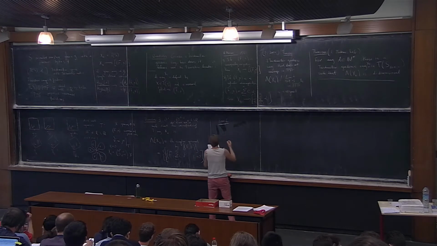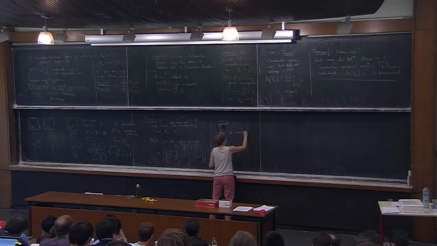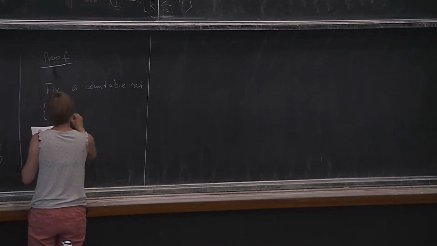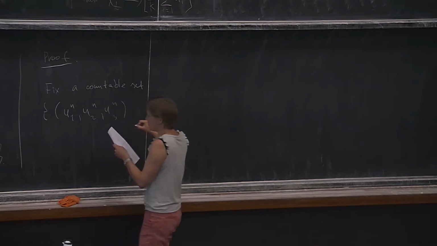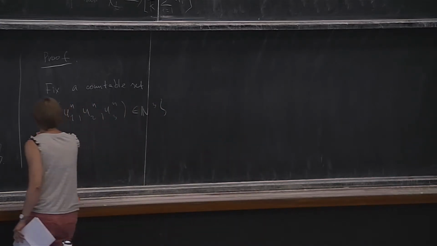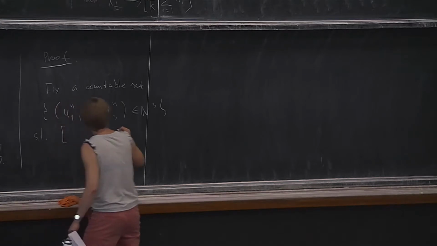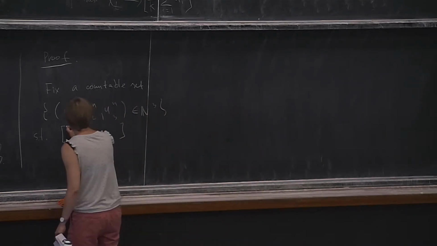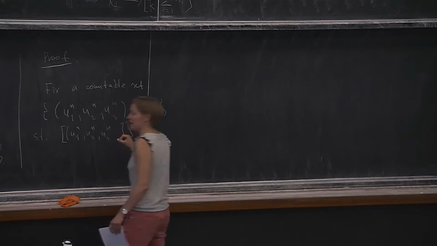So what I want is first fix a countable set of triples of natural numbers, such that if I consider them as points in the positive part of RP^3, I get a dense set.